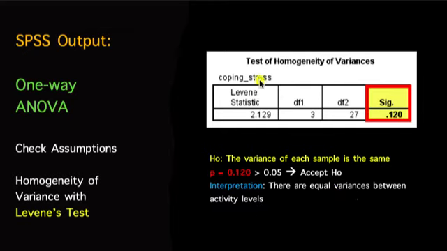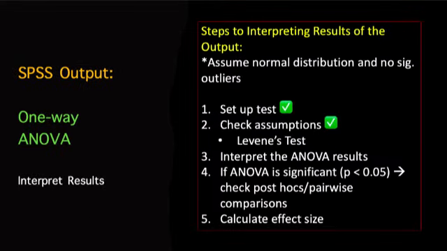So basically what we did is we said for coping stress, calculate the variance for each activity level group, and then are the variances between those groups equal? Okay, so the interpretation would be that we have equal variances. So now we've checked our assumptions, and the next step would be to interpret the ANOVA results.